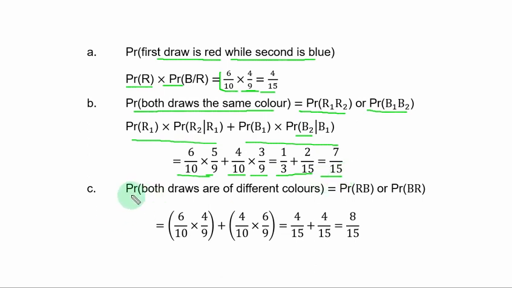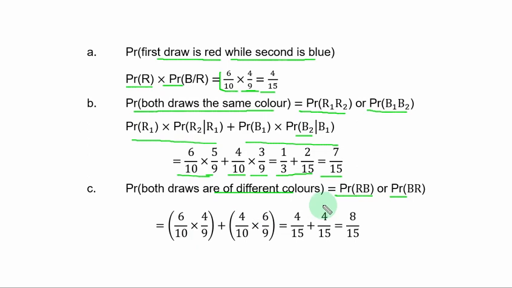C, probability both draws are of different colors. That is, probability you pick red before blue, or probability you pick blue before red.